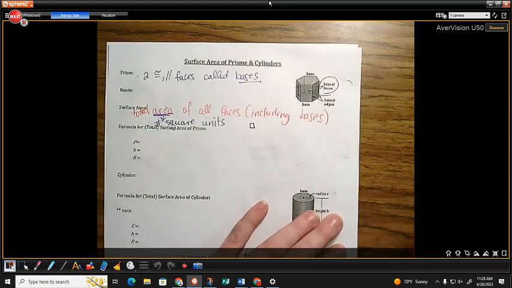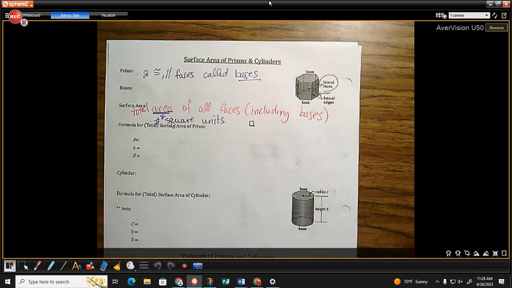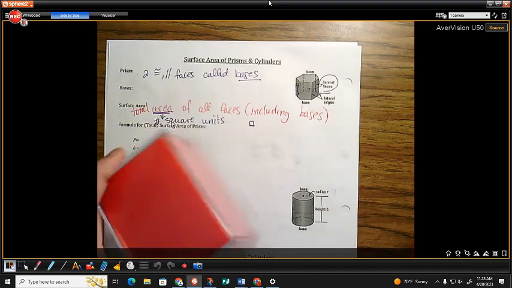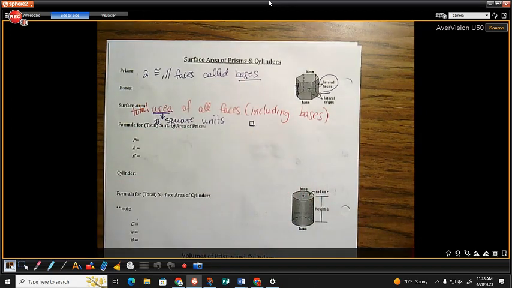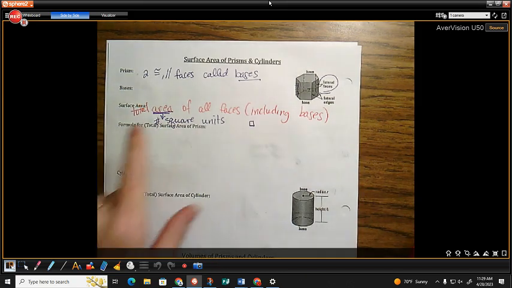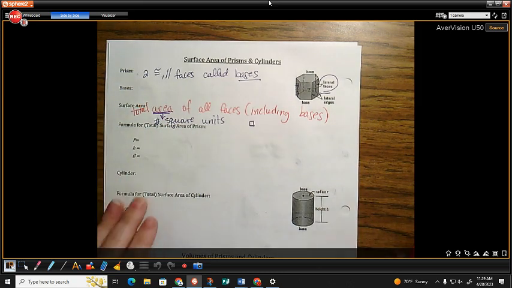They're called lateral faces. Did any of you ever have to do surface area and lateral surface area and total surface area? Some of you have seen a little bit of this before. We're going to just focus on total surface area. We're always going to include the bases in there, okay?